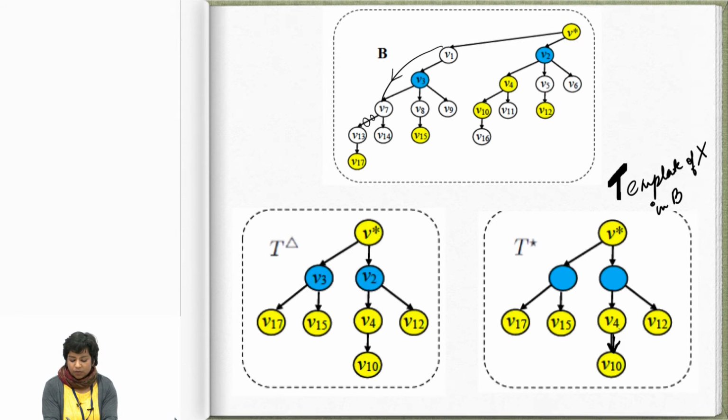Because these are yellow vertices, it could be that the relationship is opposite. I think that could happen. So when I add these edges, V4 will never have to play V10. V4 will play somebody else and that person will play somebody else and so on and so forth. Okay, I will think about what you asked and answer offline.